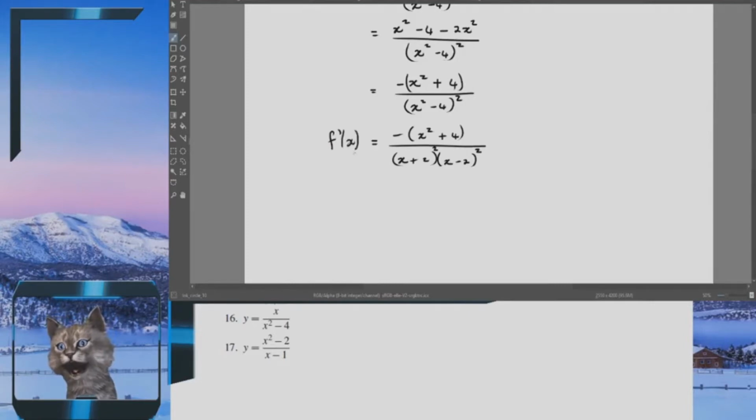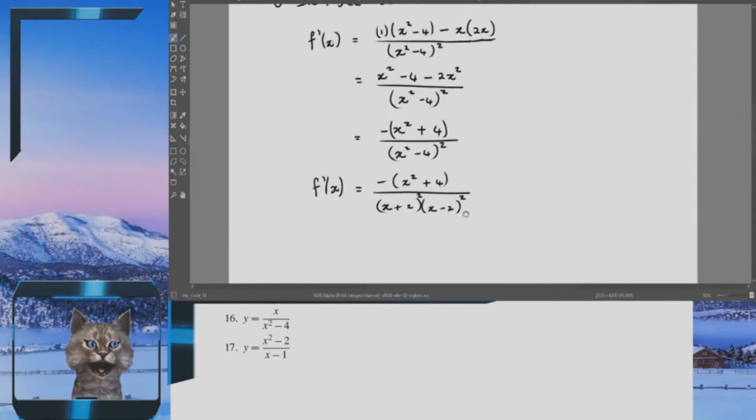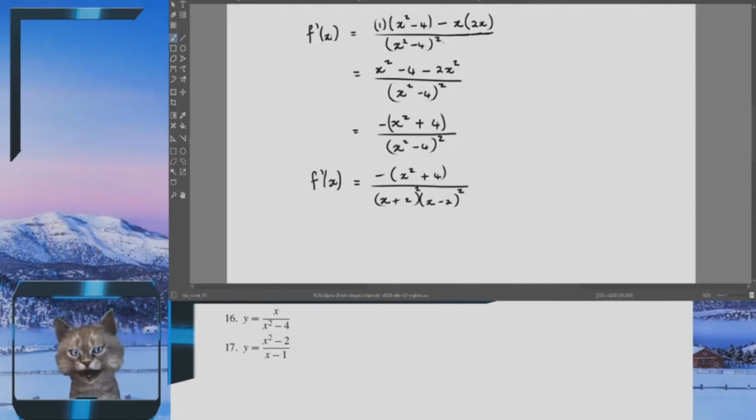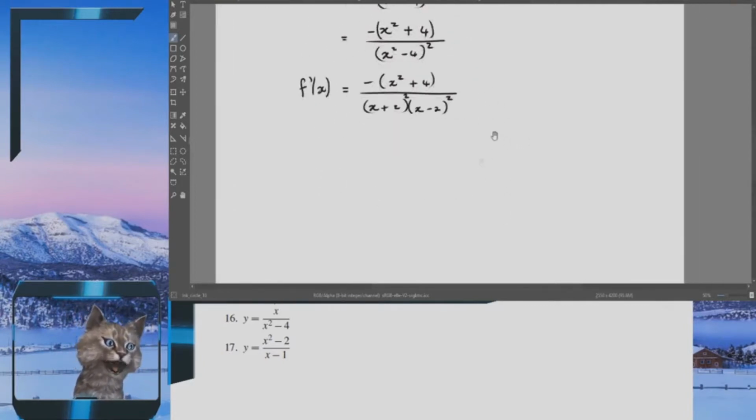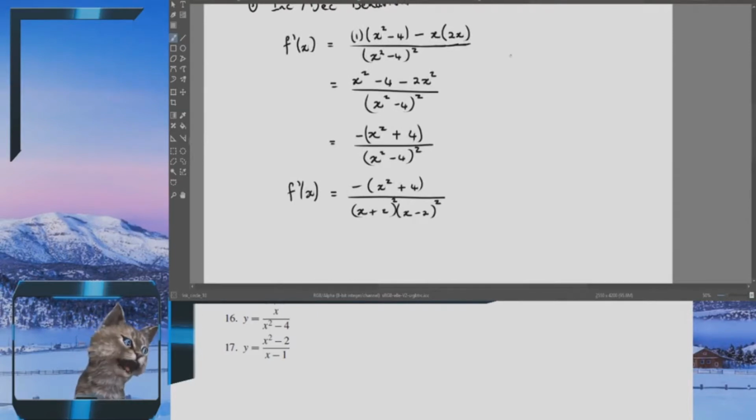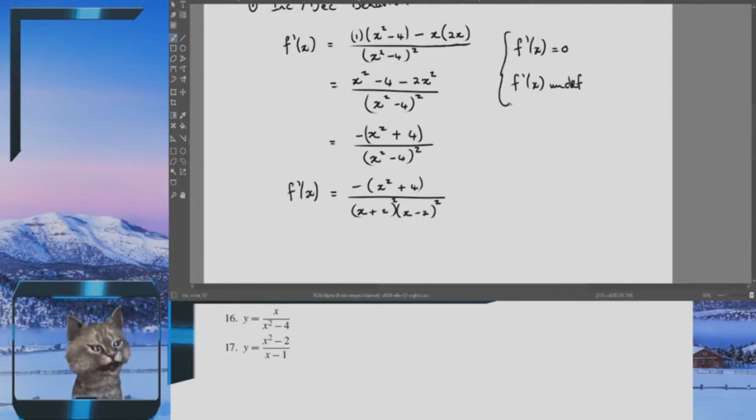So this is going to be my version of the derivative that I may want to look at. So take care and make sure you can follow all these steps. Let's see how much space we have. We have lots of space. So I can say here my derivative is 0 and my derivative is undefined for certain x values. That is where my critical points will come from.